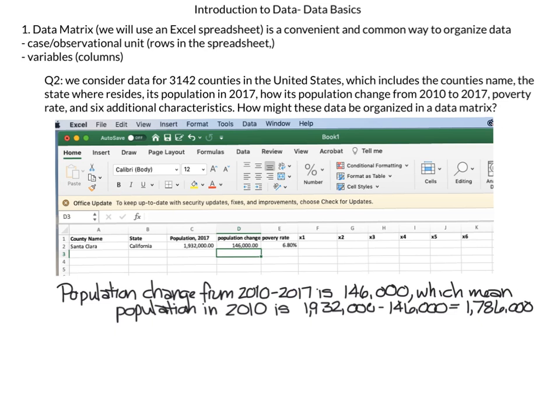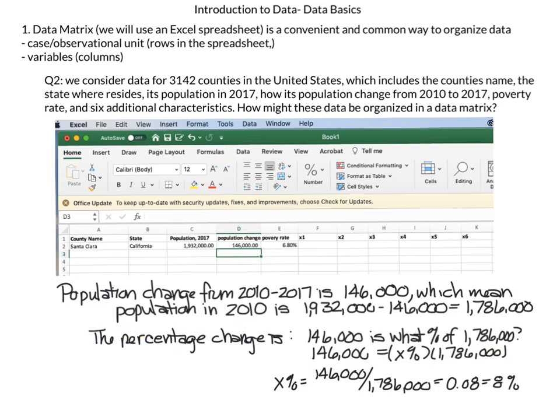to 2017, which means if I want the population in 2010, it's going to be 1,046,000 less than the population in 2017. So I'm going to take my 1,932,000 and subtract the change, 146, and I get 1,786,000 for my population in 2010.